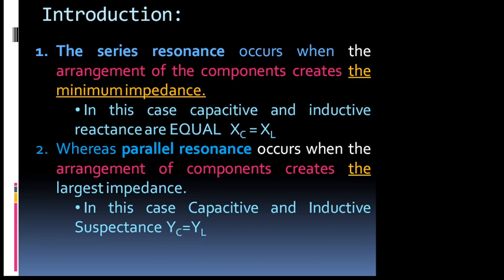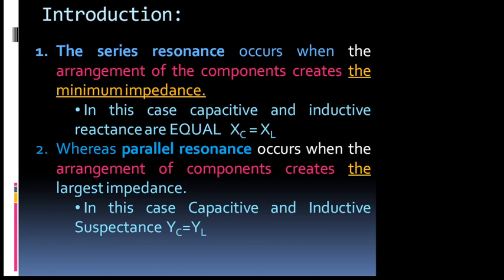Series resonance occurs when the arrangement of components creates the minimum impedance. That means the impedance of the whole circuit becomes minimum. If LCR is connected in series, the impedances of L and C, 1/jωC and jωL, cancel each other. The reactances will be cancelled. XC and XL will be equal and opposite, so they cancel out.